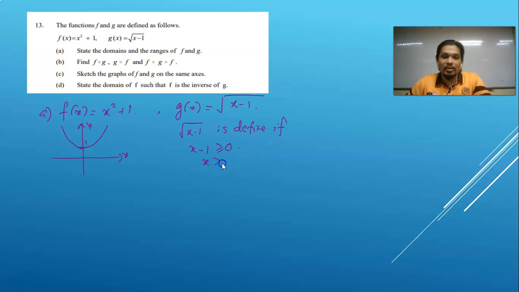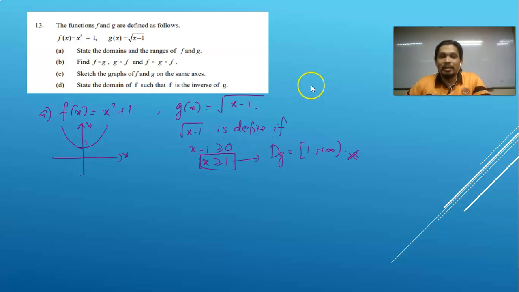So x is greater than or equal to 1. Class, once you get this, automatically it tells us that the domain of the g function equals from 1 to positive infinity. Automatically, this is the domain of the function.